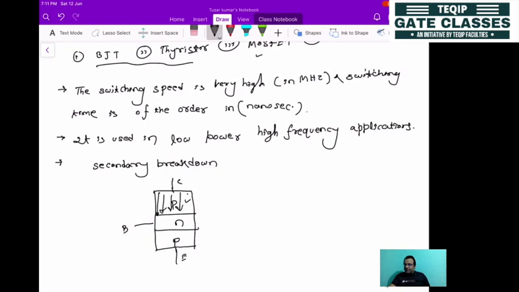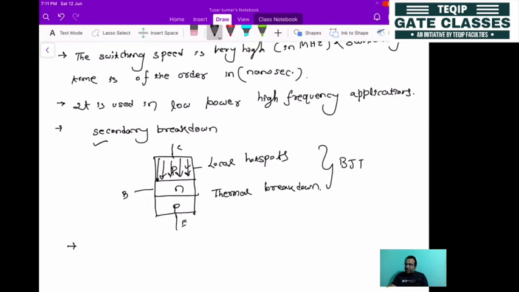If it is not flowing uniformly, then local hotspots will be generated. Local hotspots mean accumulation of heat over there. If these local hotspots are not prevented, then gradually this will go for a thermal breakdown. So this is what is called the secondary breakdown. This is very prominent in case of BJT.